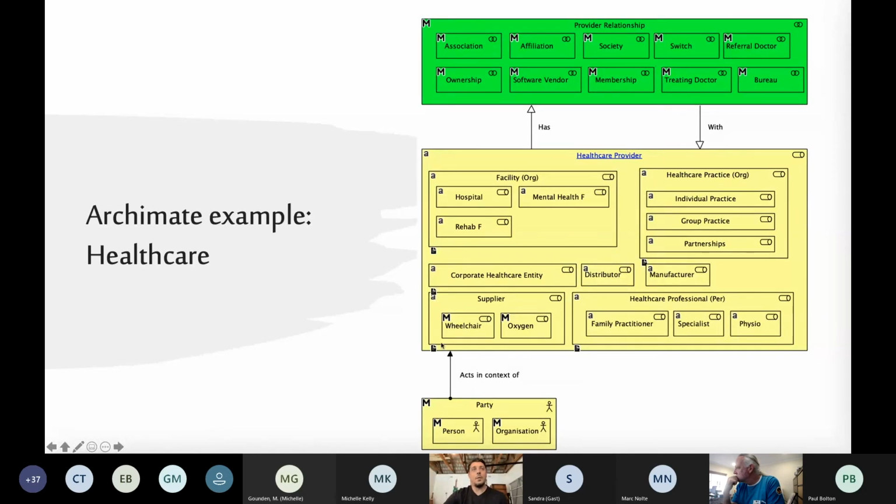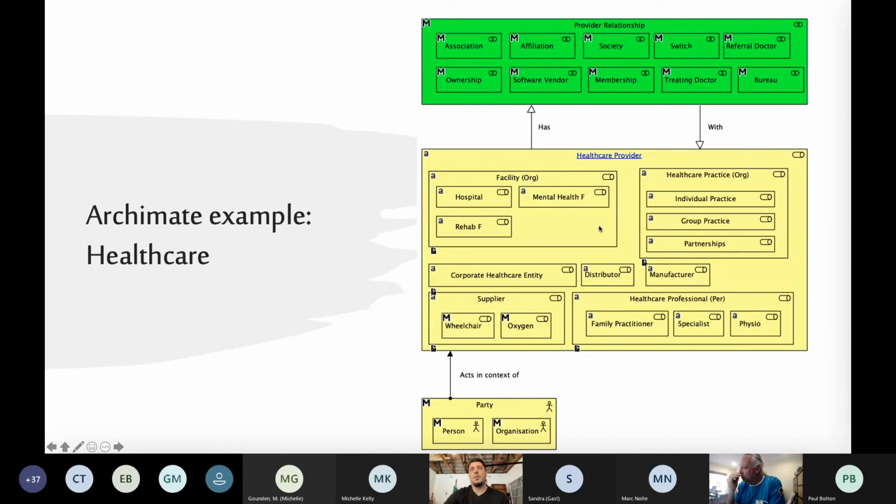But in this context, this was for a medical aid administration organization, MedScheme. In here, we've got a party, either a person or organization, and the party always acts in the context of a role.